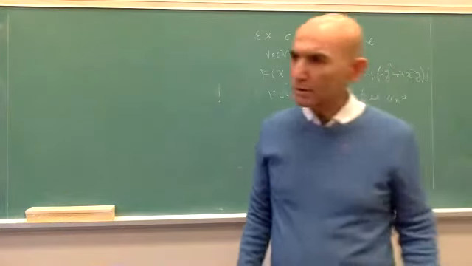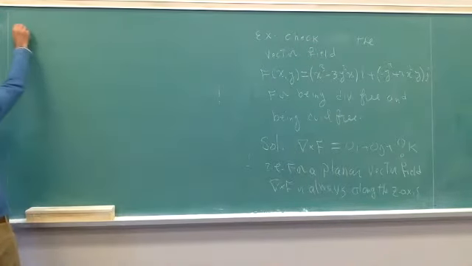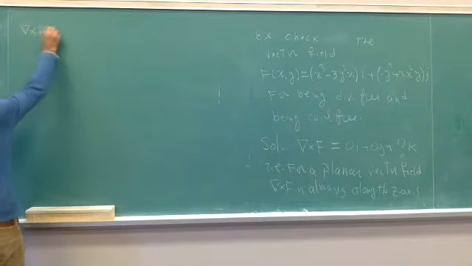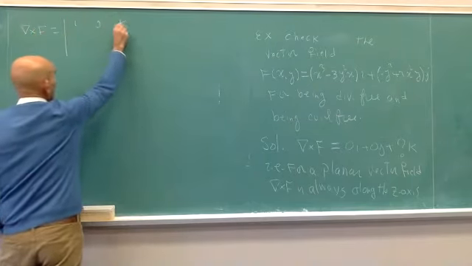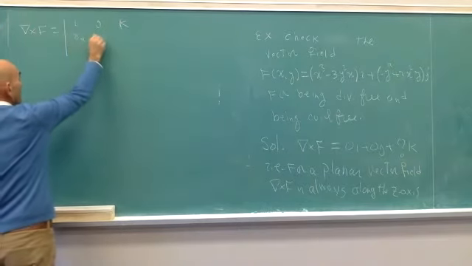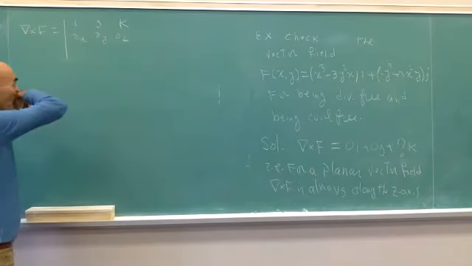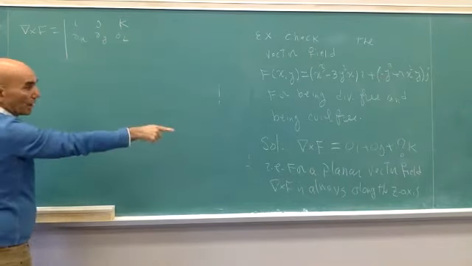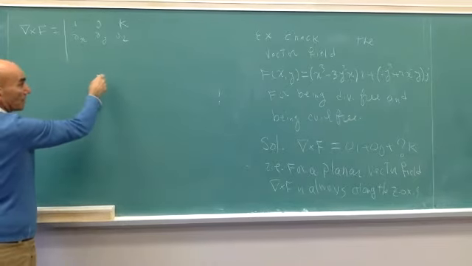Okay, so let's do the calculation now. Curl of F is the determinant with i, j, k, and here we put d/dx, d/dy, d/dz. And now we just put x cubed minus 3y squared x.